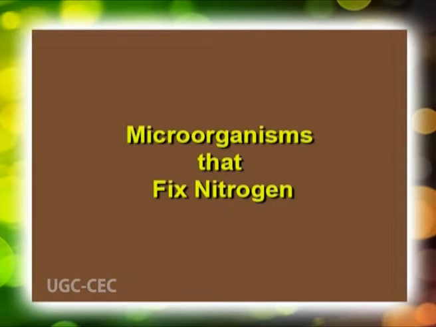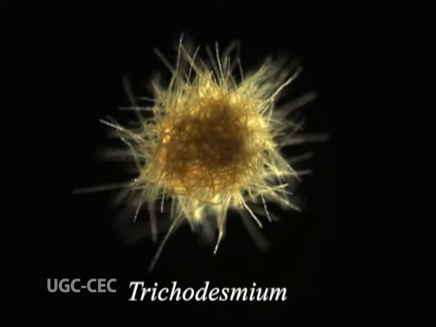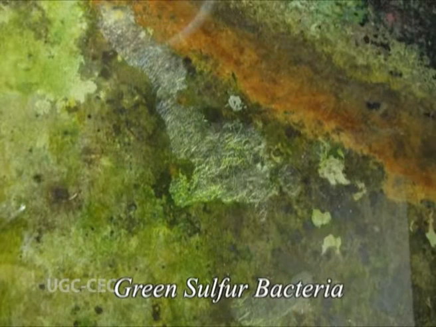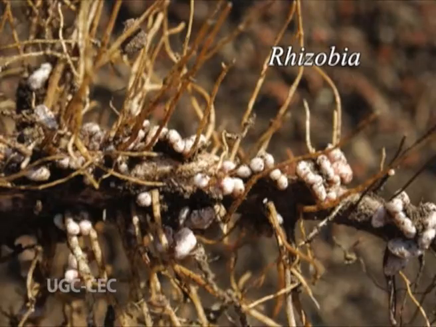Microorganisms that fix nitrogen. Diazotrophs are a diverse group of prokaryotes that includes cyanobacteria, for example, the highly significant Trichodesmium and Cyanothece, green sulfur bacteria, and Acetobacteriaceae, Rhizobia and Frankia.